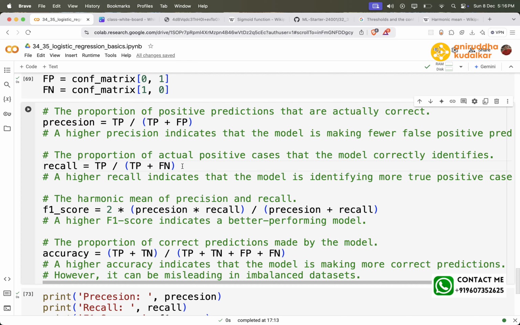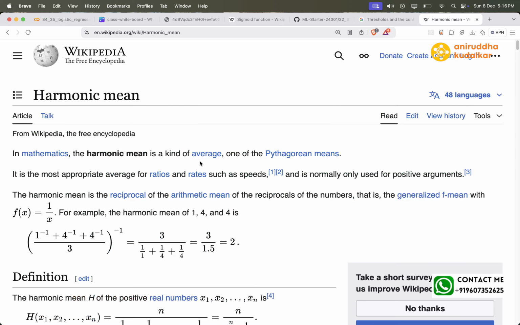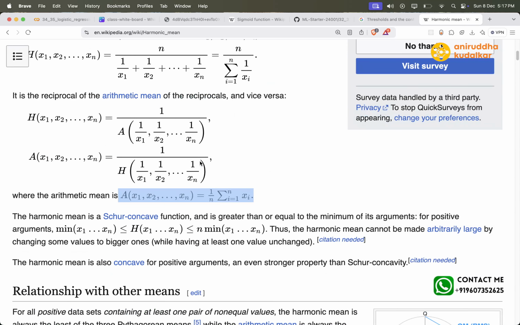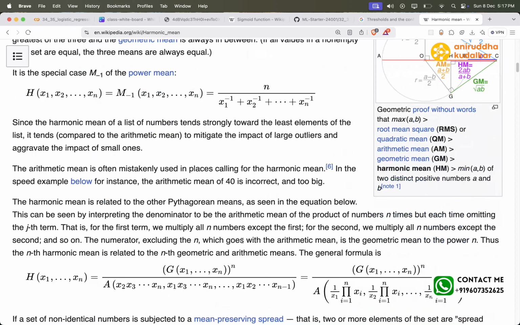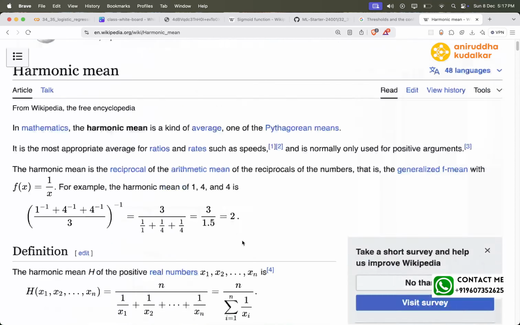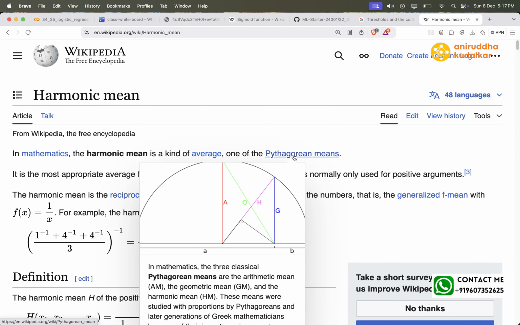There are mathematicians. So this is not new to computer science. The harmonic mean has been there in mathematics for decades, at least 100 years, since Pythagoras. You getting my point?